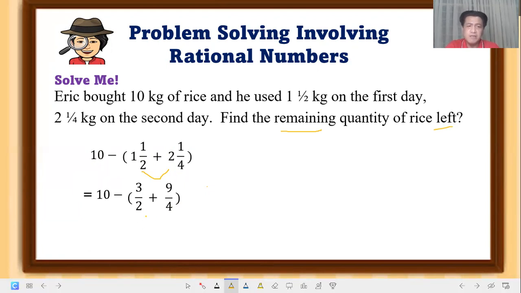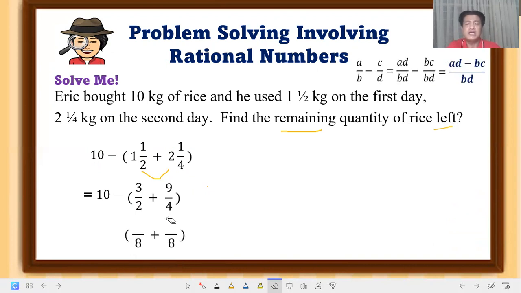And take note, hindi pa siya pwedeng i-add kasi hindi pa natin similar. Gagawin natin siyang similar. How are we going to do that? Okay, remember, kanina, i-apply natin yung rule natin. Just simply multiply natin, di ba, yung kinukuha niyo yung LCD. But this time, okay, so we have to make it shortcut na lang, no? Okay, 3 times 4, that is 12. And 2 times 9, that is 18.